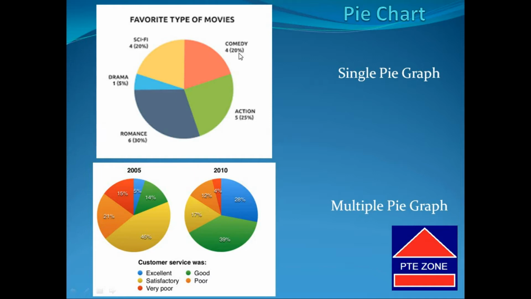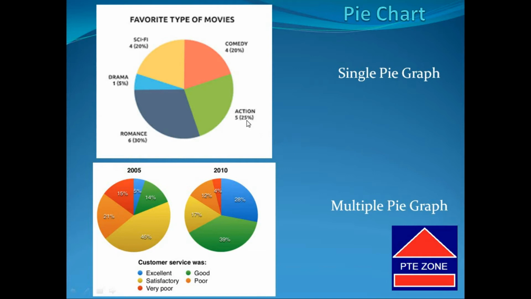To make a template for a pie chart, it is important to know what are the common properties that every pie chart has. So you can see basically the pie chart shows you share of total. For example, in this first figure, it shows the favorite type of movies and then it shows the percentage of different genres.